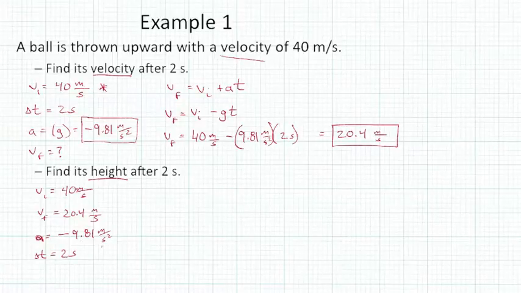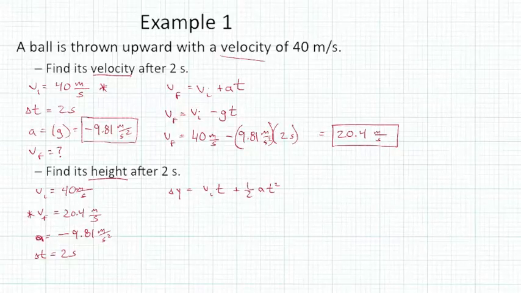Well, we have an equation that solves this wherein we really don't even need our final velocity. All we need to know is our initial velocity, our acceleration, and our time. And that is where we solve for the displacement y. Displacement y, or the change in y, our position or location on the y-axis, is going to be initial velocity times time plus 1/2 times acceleration times time squared.